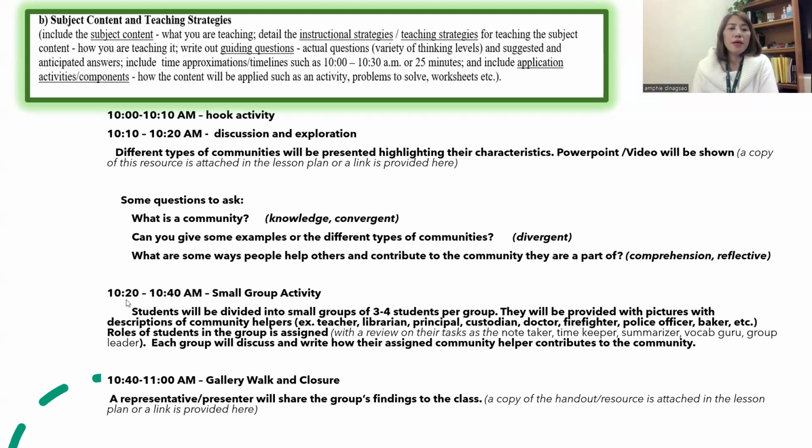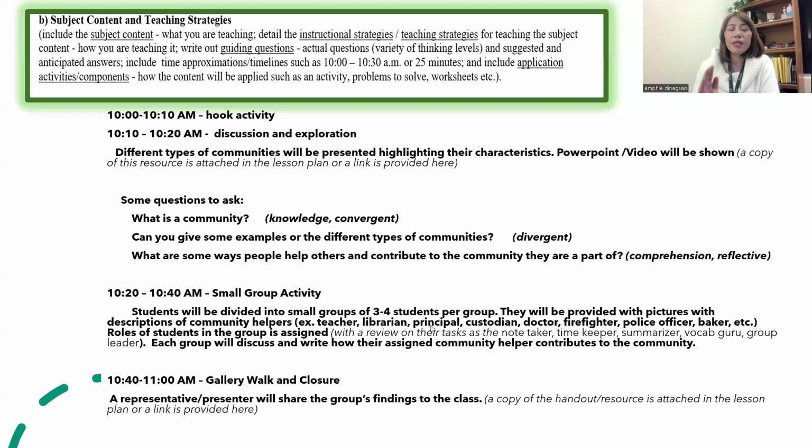And then if that is the case, I will also move into a small group activity. I will have students divided into small groups of 3 or 4 per group, and then they will be provided with pictures with descriptions of community helpers, such as a teacher, librarian.